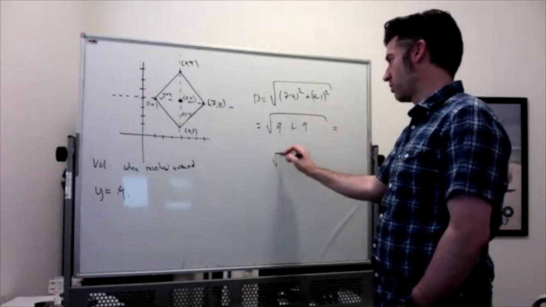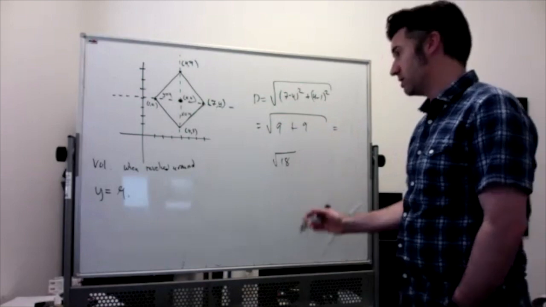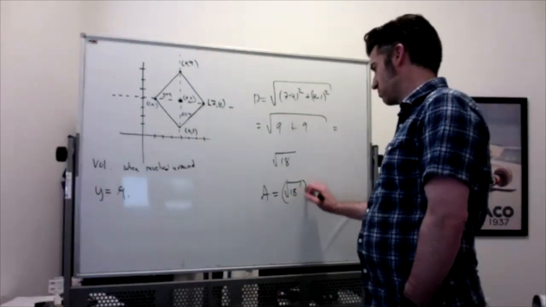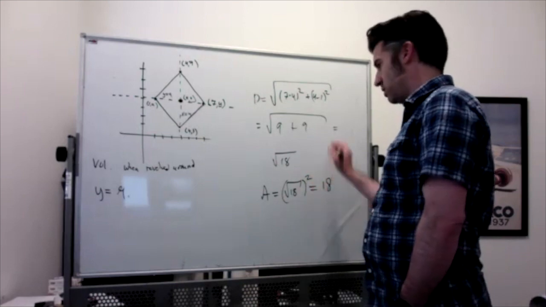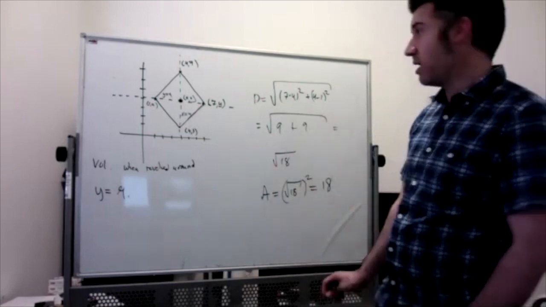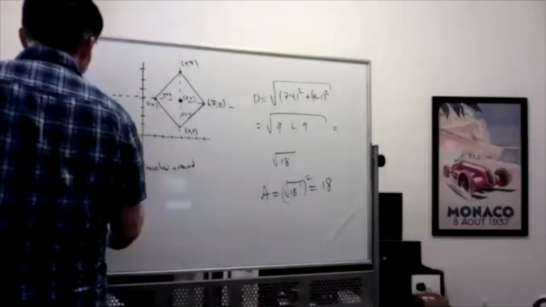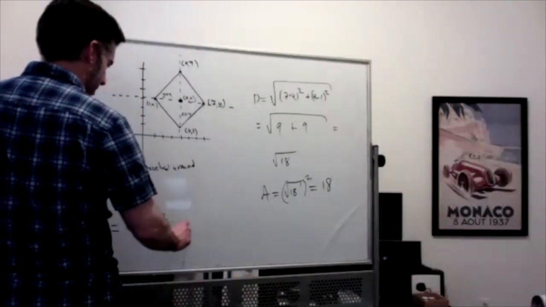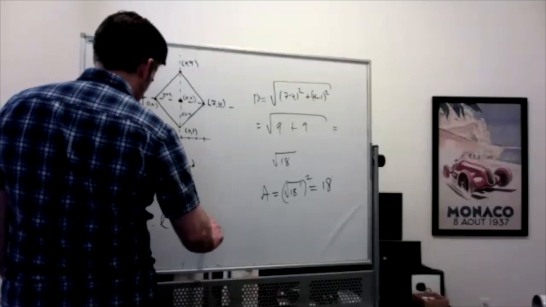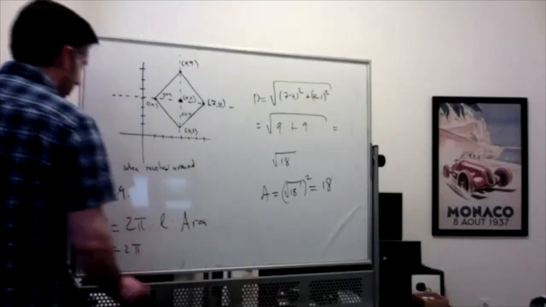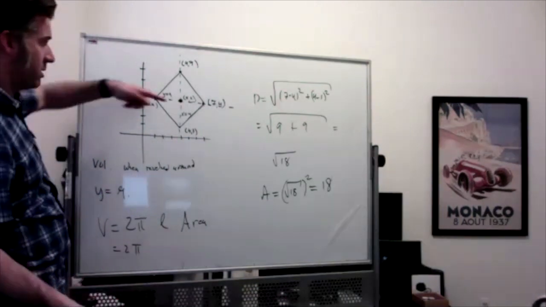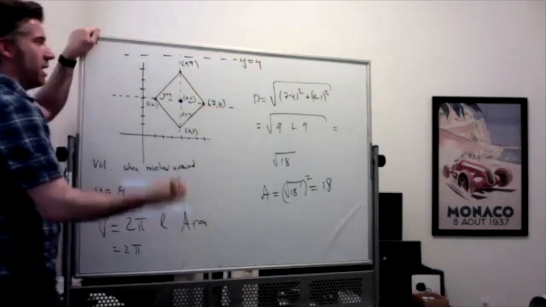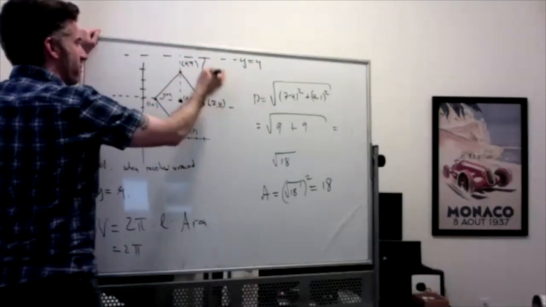So that's the square root of 18, which means the area of the square is the square root of 18 squared, which is 18. Then the volume is 2 pi times the length times the area. The length from our centroid to our axis of rotation, y equals 9, is going to be 5.